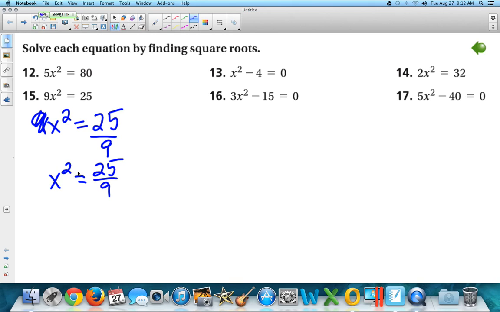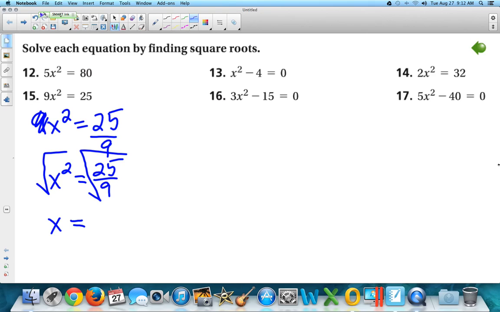Again, even though this is a fraction, I still do the same thing. I take the square root of both sides. So x comes out to be, now hopefully this looks familiar from last week where we practiced taking roots. That's the reason we practiced that.